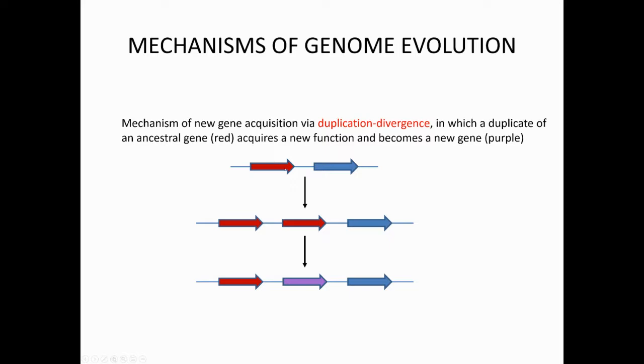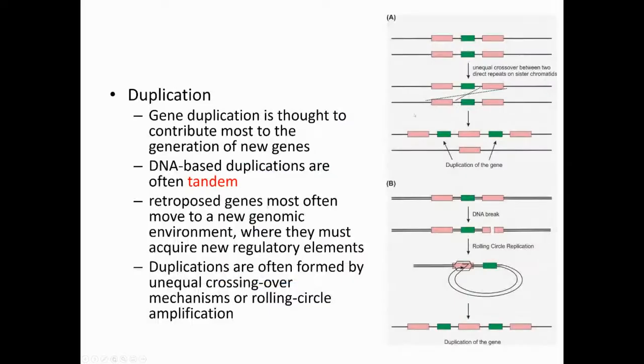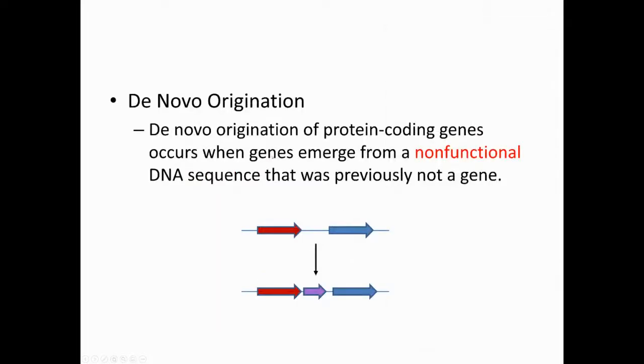That means you replicate this red gene, and then this red gene acquires new functions and becomes the new gene. Or unequal crossing over, or the rolling circle mechanism to get the duplication. And then the novel origination, which means getting a new gene from a DNA sequence that originally has no function.